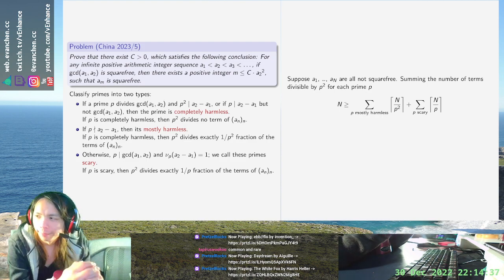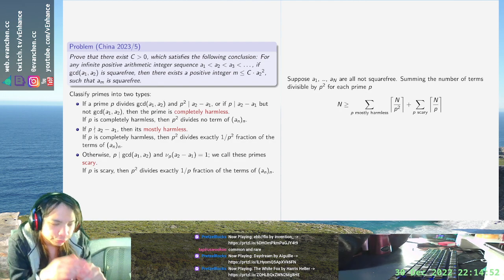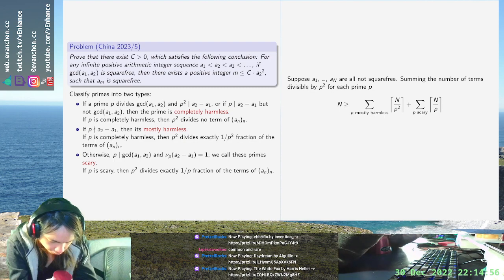Oh, but the prime has to actually be... You can discard the harmless primes which are larger than a sub n.